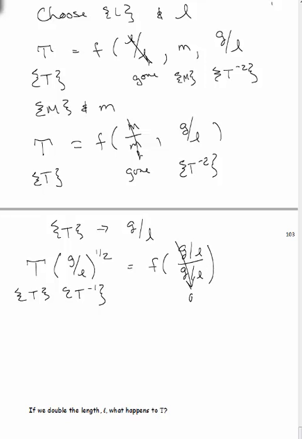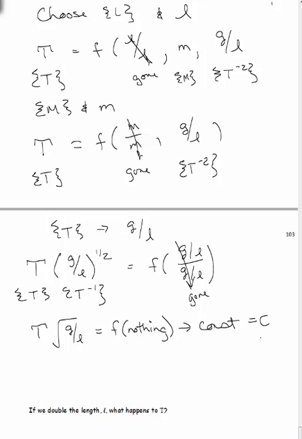That's gone. Okay, so basically what we're going to end up with here is T times the square root of g over L equals a function of no variables. Function of nothing. Okay, which means it must be a constant if it's a function of nothing.